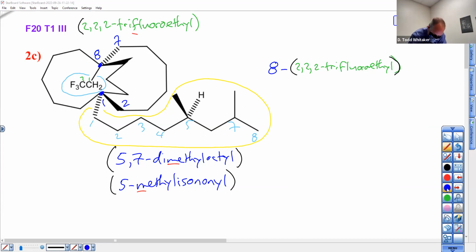And on carbon 1, there's that other group. I'll go with the shorter name. 5-methylisononyl. And then we're going to go with bicyclo.